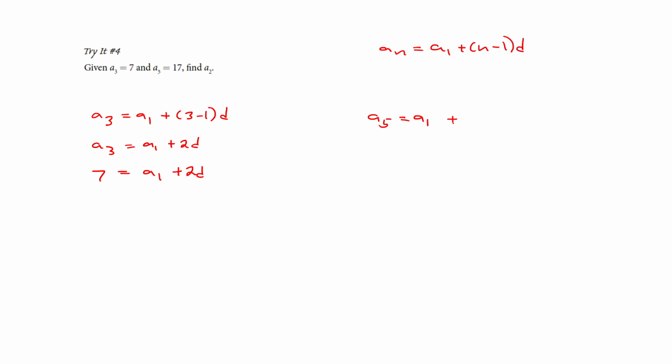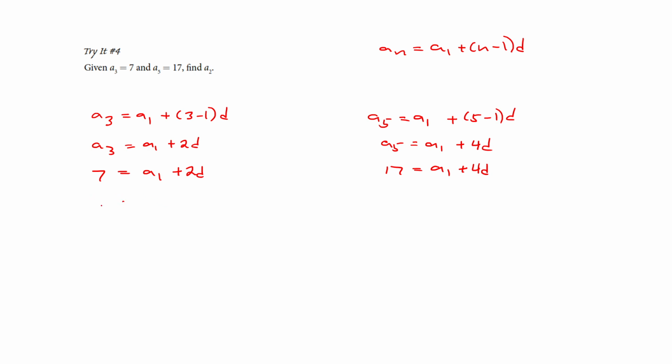A5 equals A1 plus 5 minus 1 D. So A5 is A1 plus 4D. All right, well, we know A5 is 17. So I have this. Now, I don't know A1 or D, but I now have a system of equations, so I can solve this.